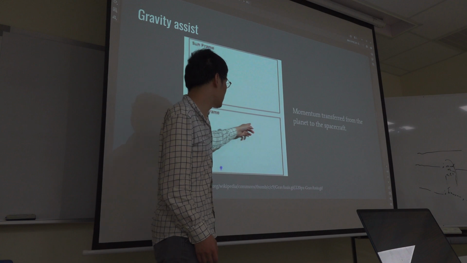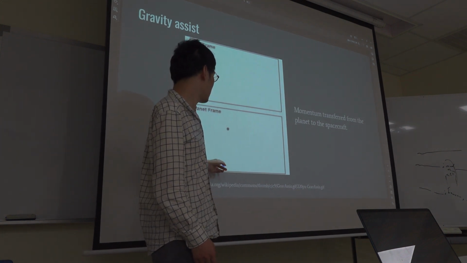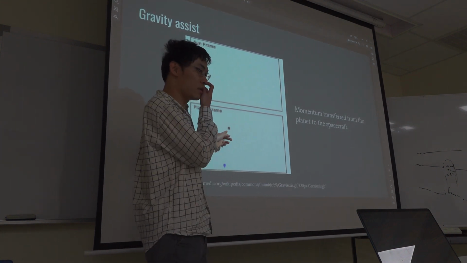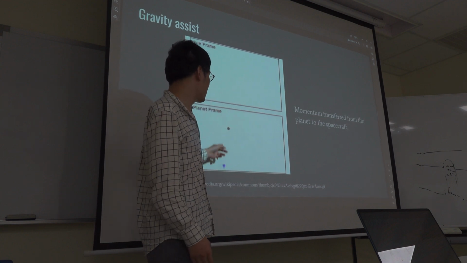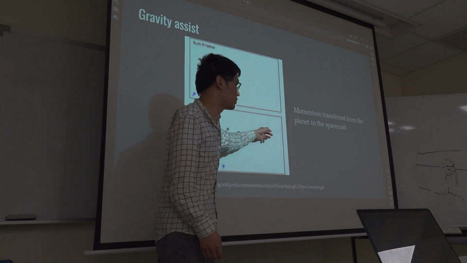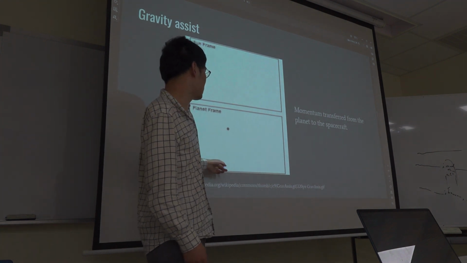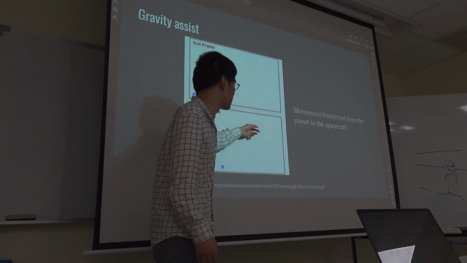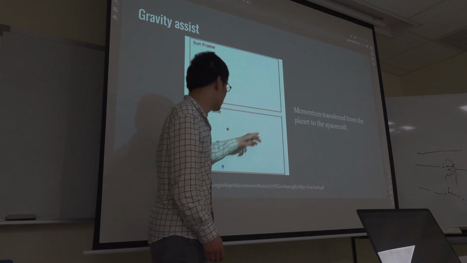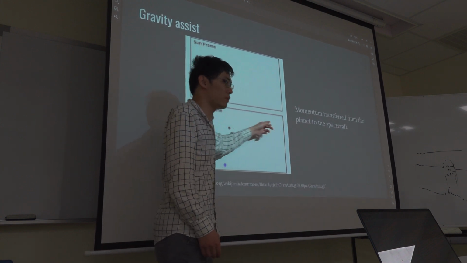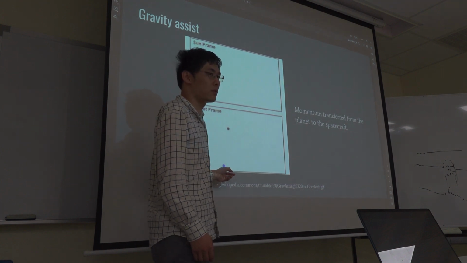You go like this. The black is the planet and blue is your rocket, or satellite, spacecraft. By the conservation of energy or momentum, you will ensure that when you leave the planet, you have the same velocity as when you came in.